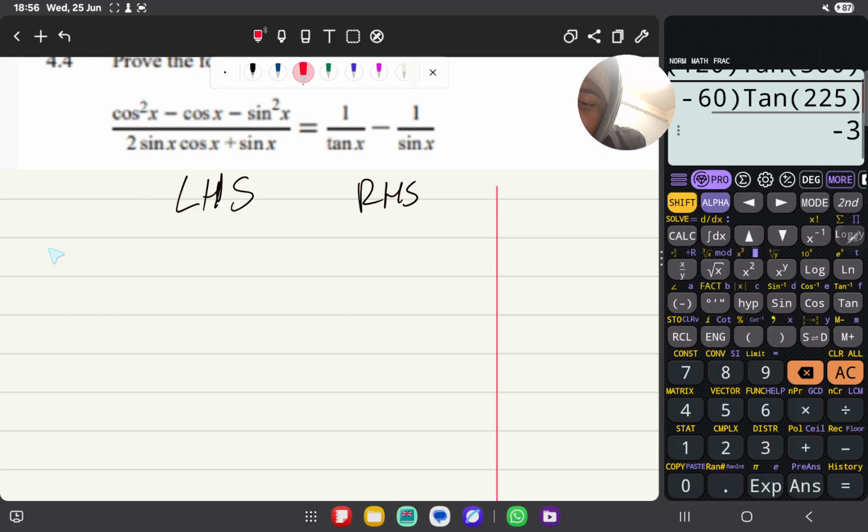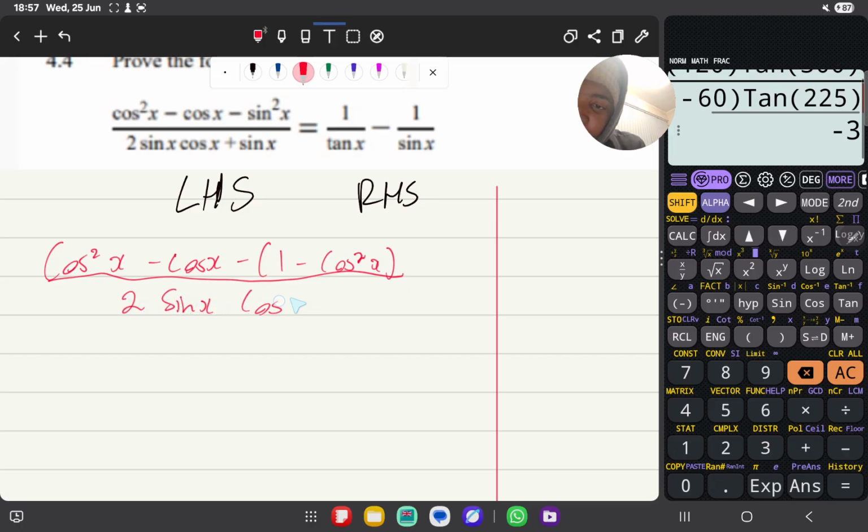So for this one, we have cos squared x minus cos x minus, open bracket, 1 minus cos squared x, close bracket. And then you have 2 sine x cos x plus sine x.